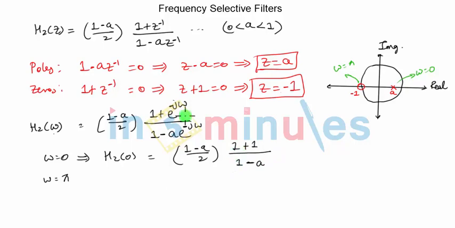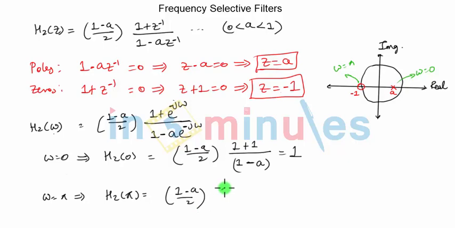It will not remain at a non-zero point like in the previous case. In the previous case, the magnitude at omega equal to pi was (1 minus a) upon (1 plus a), which was less than 1 but was not exactly 0. Ideally, a low pass filter should give you 0 response at omega equal to pi, which is happening in this second filter.